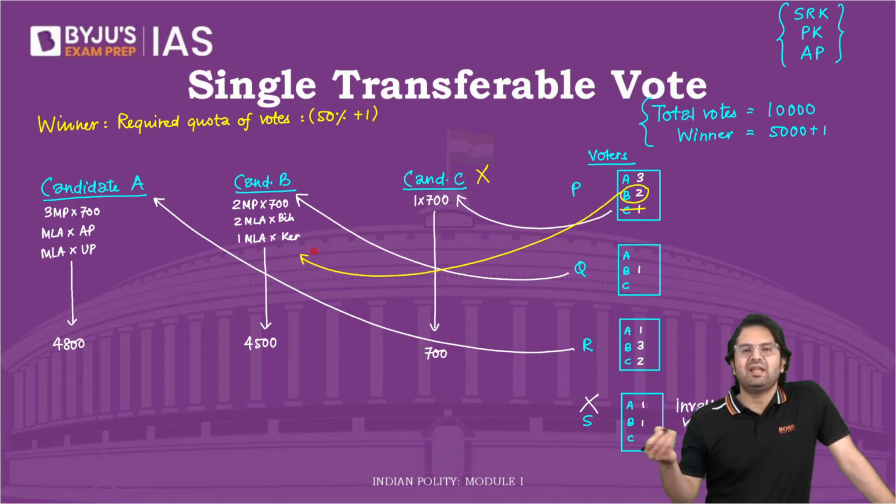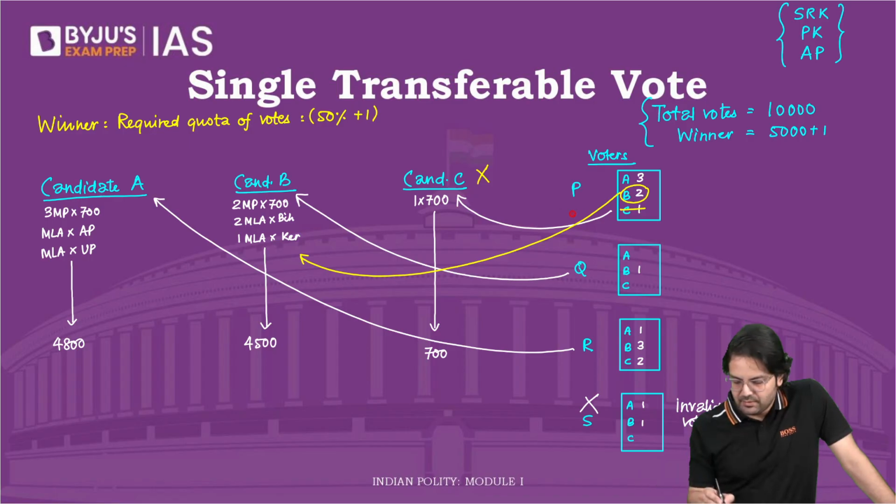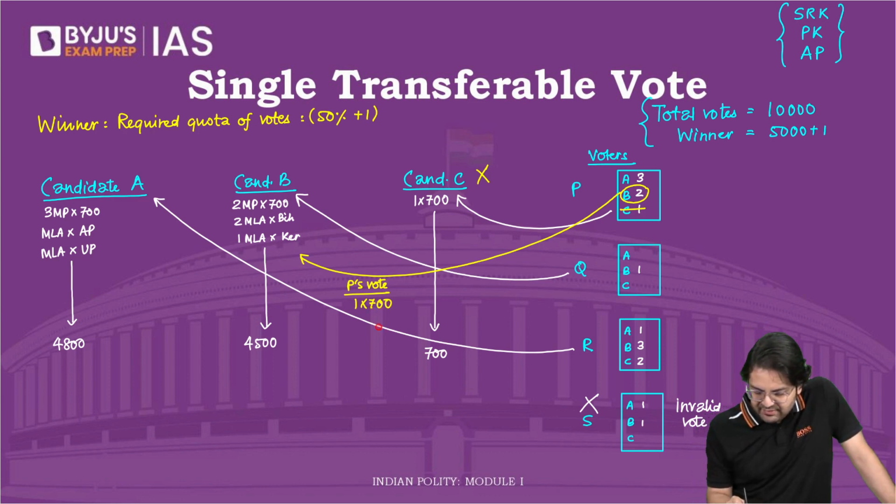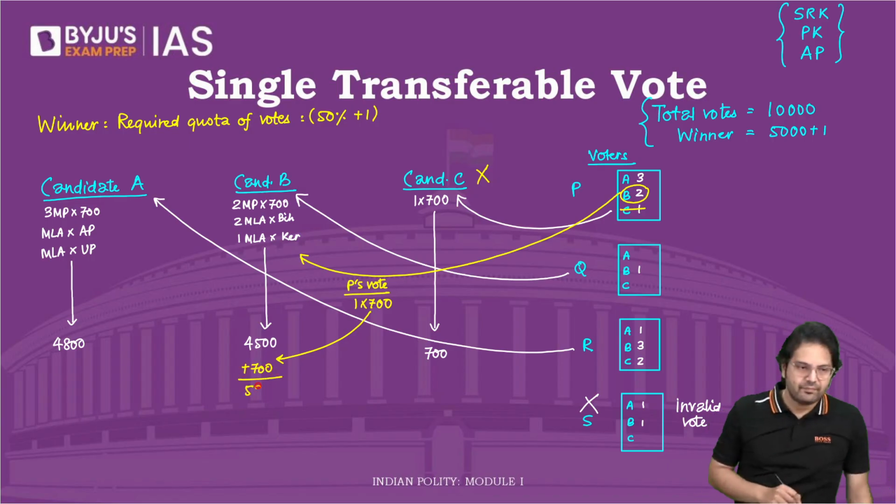Meaning P maybe was an MP, right? P was an MP. His vote comes here. So 1 into 700. This means add 700 here. 5200.